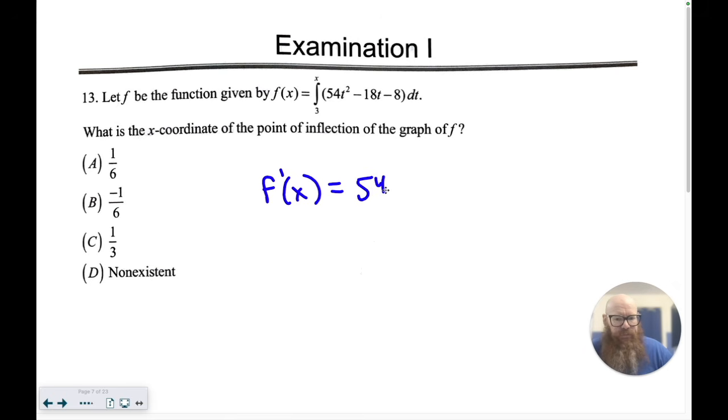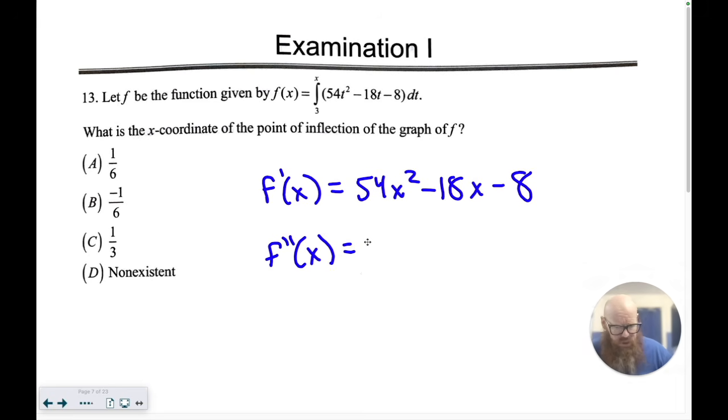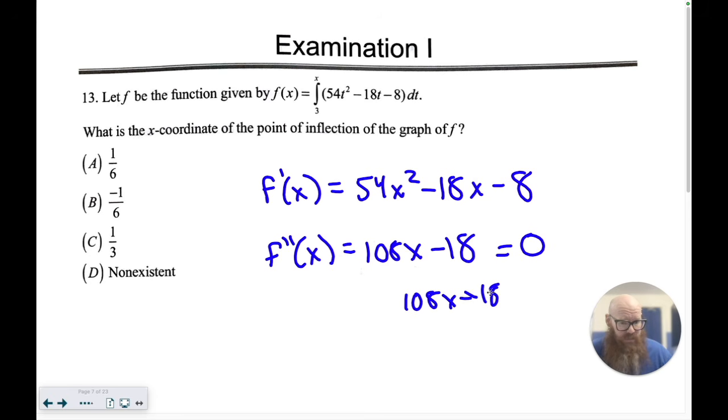So I get 54x squared minus 18x minus 8, and then the second derivative is just 108x minus 18. I want to set that equal to 0. That should be 108x equals 18. Whoops. And then x is 18 over 108, which is 1/6.